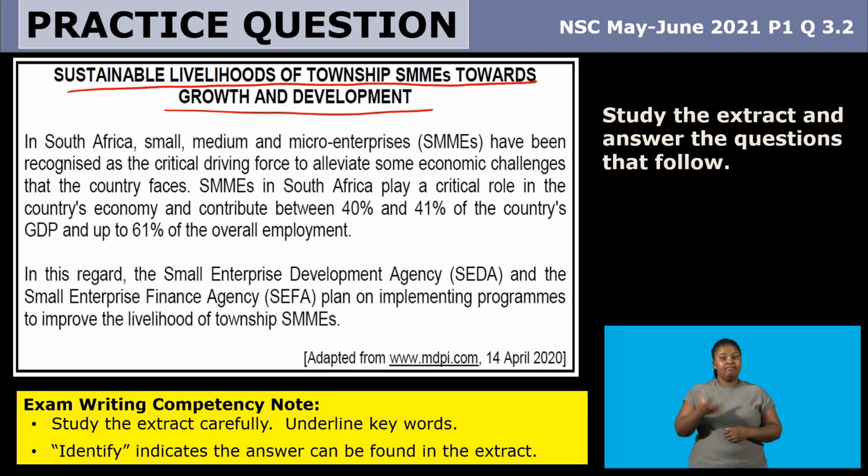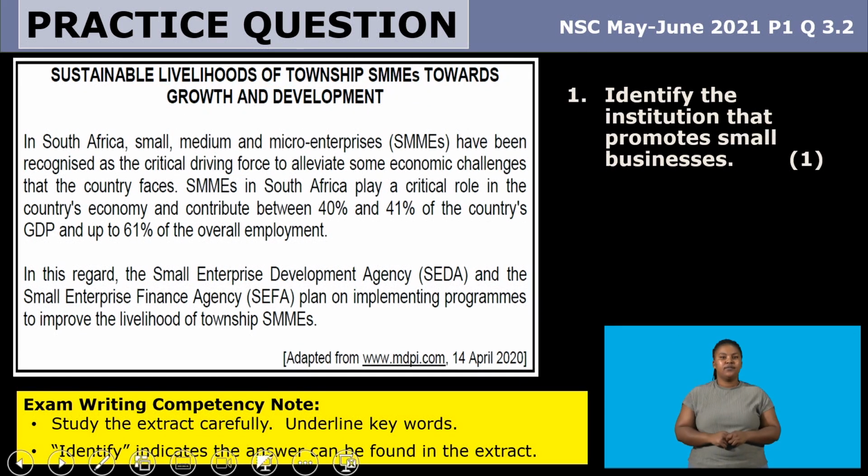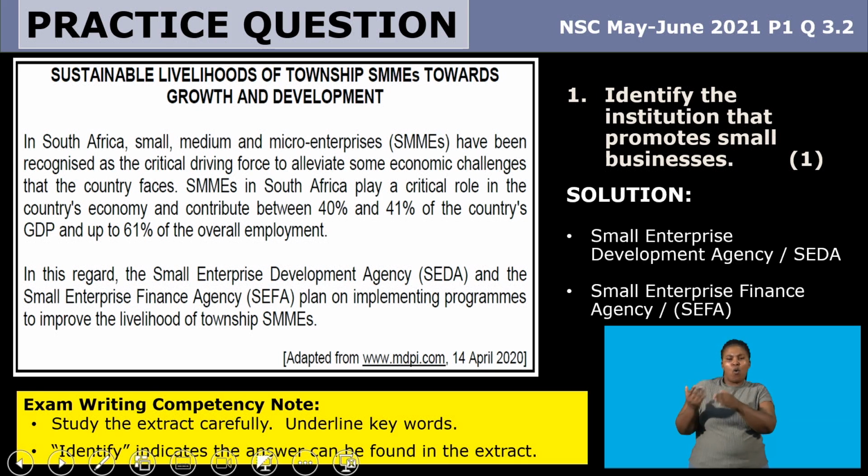In this regard, the Small Enterprise Development Agency, the SEDA, and the Small Enterprise Finance Agency plan on implementing programs to improve the livelihood of township SMMEs. Then our question says, identify the institution that promotes small businesses.